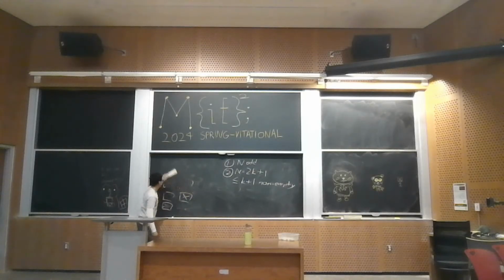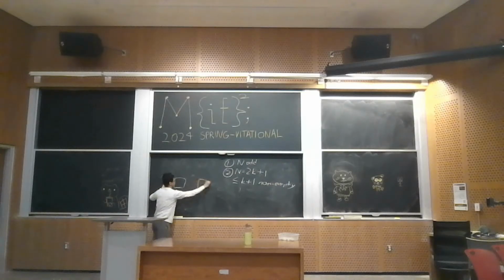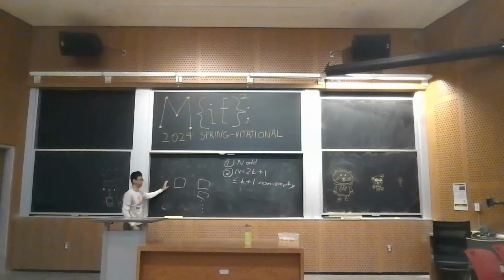But once we have exactly k plus 1 non-empty lanes and 2k plus 1 targets, we need to be a bit more careful. So what we can do is that once we have exactly k plus 1 non-empty lanes and 2k plus 1 targets, there exists one lane with a single target and exists at least one other lane with at least 2 targets, possibly more. We don't really care how many they are.